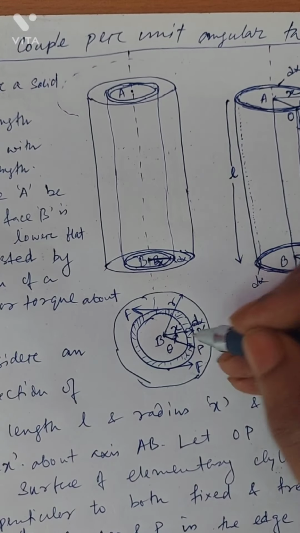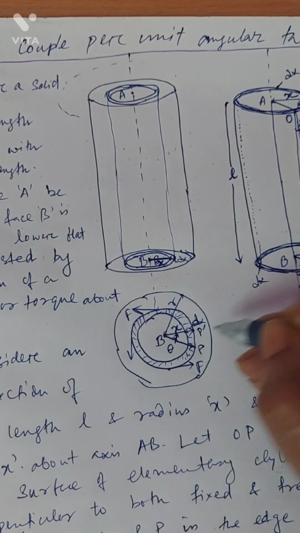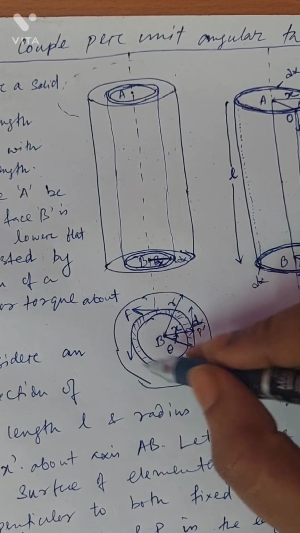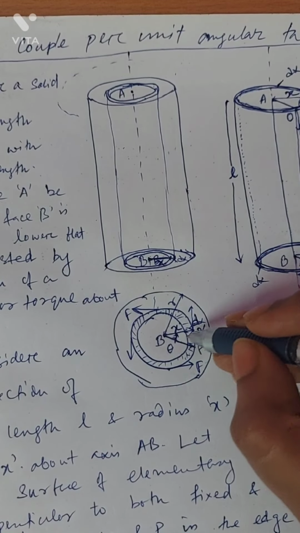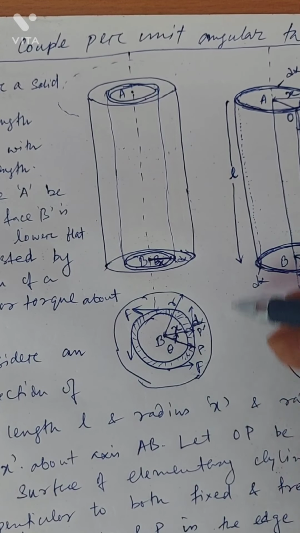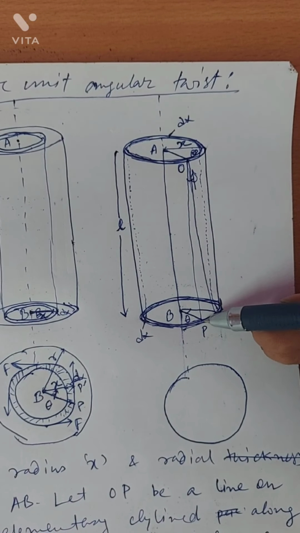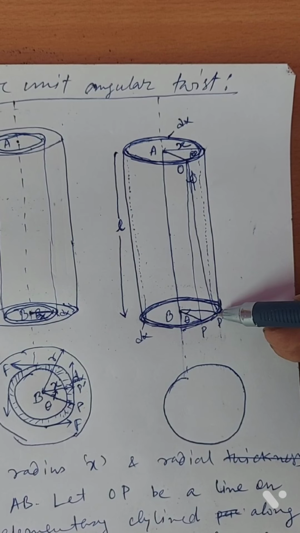Now let us consider that this type of force is acting in a cyclic way. If we twist it in this way, because of this twist, the line OP will move to OP dash.